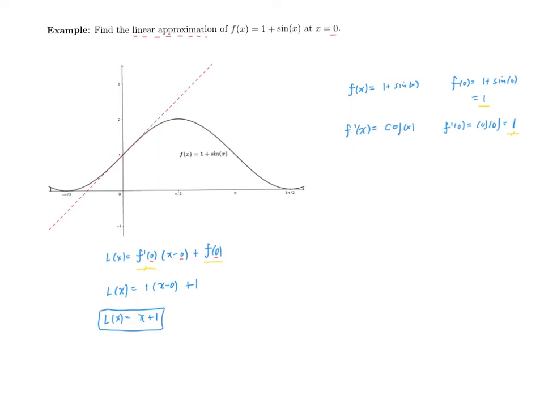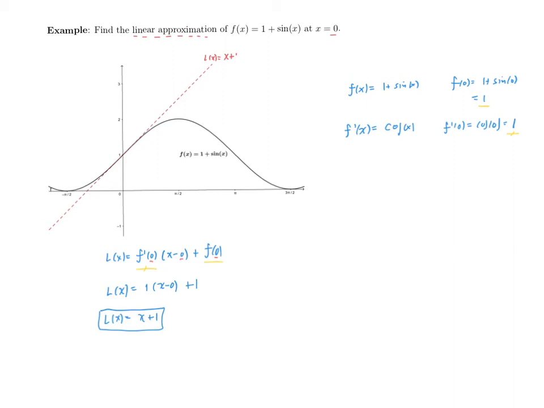And to help with the graphical intuition, we can see this above. The red dashed line is our linear approximation, so we're thinking of this as being L of x is x plus 1, and in black we have the curve given by 1 plus sine x. And once again, I want to go to that general bit of intuition.